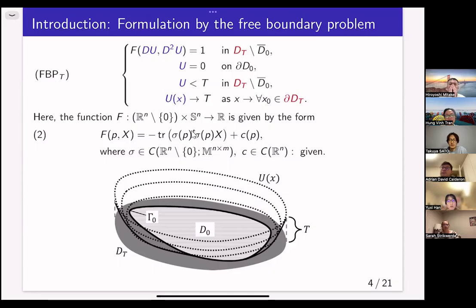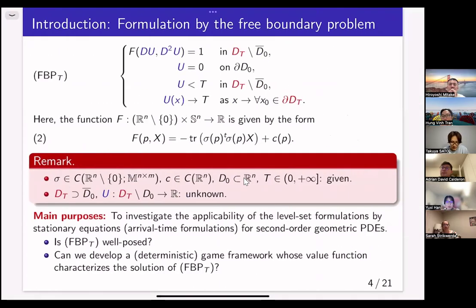This is a picture for these equations, and here we remark that in this equation the sigma is a matrix valued function, and the c is a real valued function, and these two functions are given, and the domain D0 is also given, and the T is a parameter.